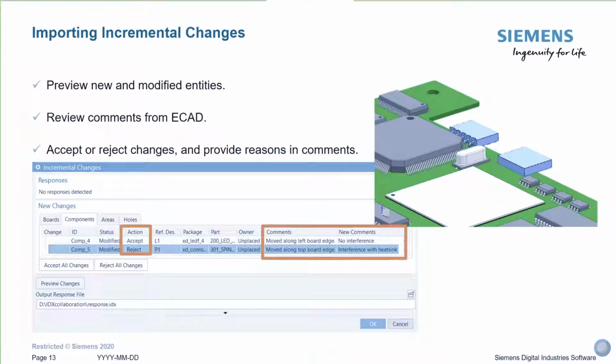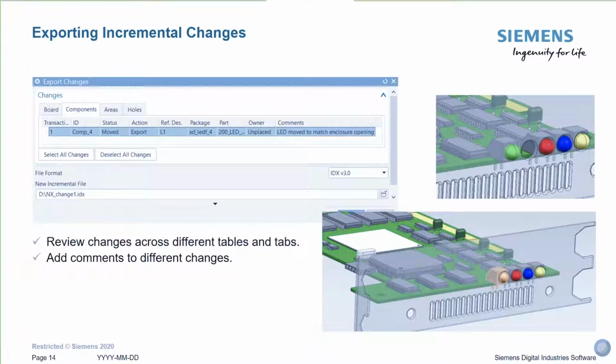Then you can accept or reject and send additional comments. This is really a kind of conversation, a collaboration that makes the design more efficient and also allows you to minimize additional media like emails and other means to communicate changes.